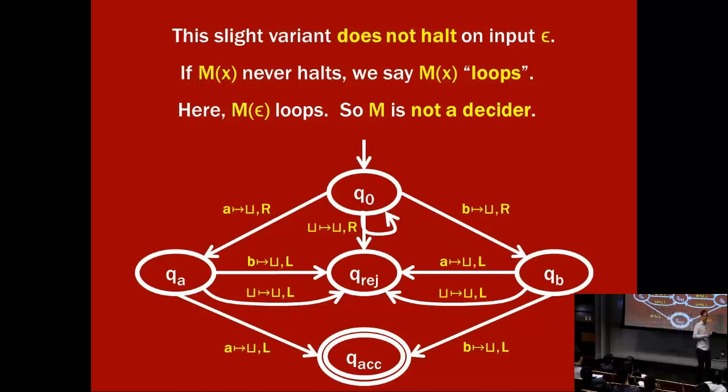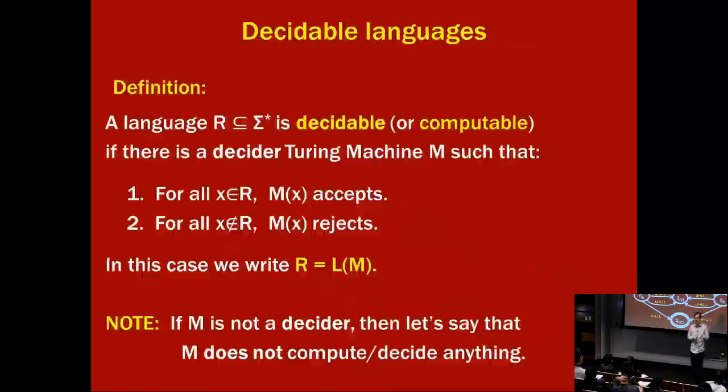This is a technical term. If M running on some input X never halts, we say that it loops. And here, M running on the empty string loops, so M is not a decider. OK. So now, let's make a definition. A language R is said to be a decidable language, or also computable. Those are synonyms.